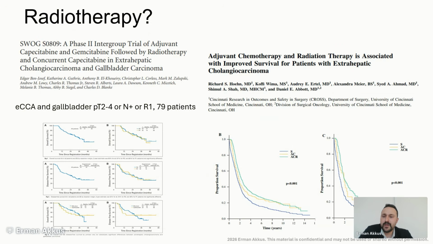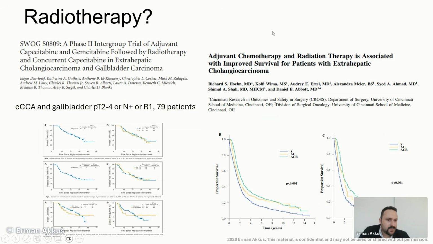So what about radiotherapy in the adjuvant setting? Indeed, we don't have a randomized controlled trial for radiotherapy. The SWOG trial, a single-arm study in extrahepatic and gallbladder BTC, showed that radiotherapy concurrent with capecitabine and GEMCAP is feasible.